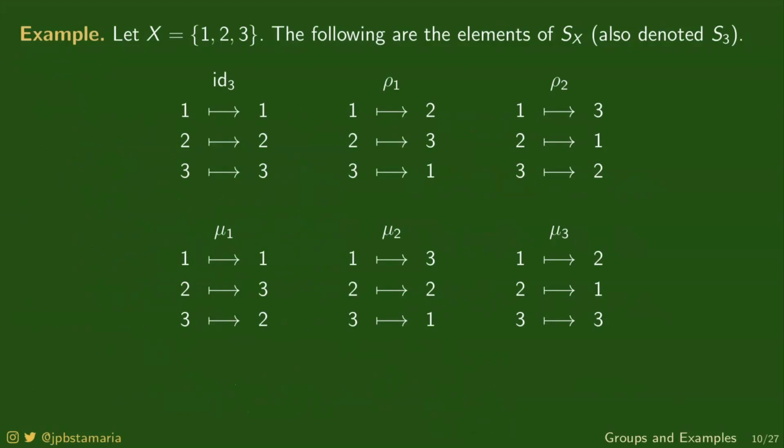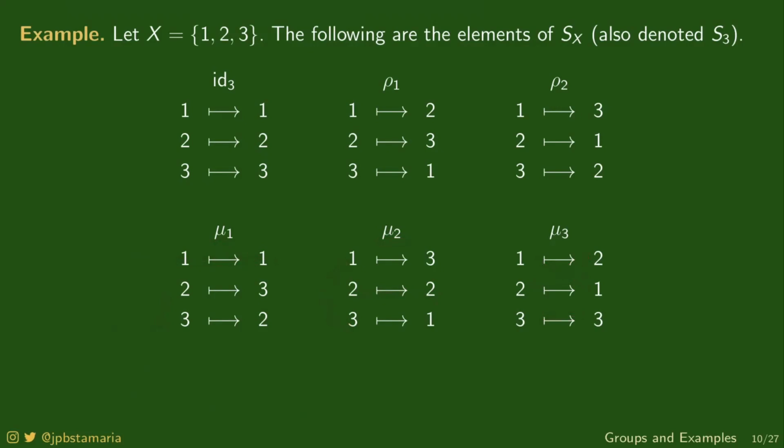Paano nyo ba matatandaan yung mga ito? Yung ID, row 1 at row 2, ito yung rotations ng triangle. Yung mu1, mu2, mu3, ito yung mirror reflections. Ang hint dito, yung mu1, finifix si 1, pinagpapalit si 2 and 3. Si mu2, finifix si 2, papalit si 1 at si 3. Si mu3, fix si 3, papalit yung 1 and 2.